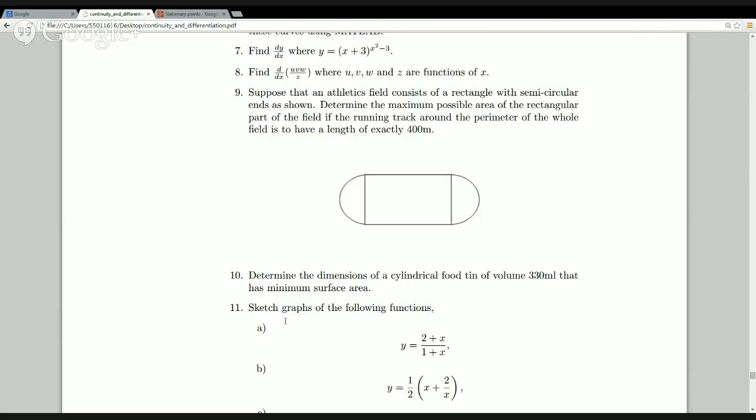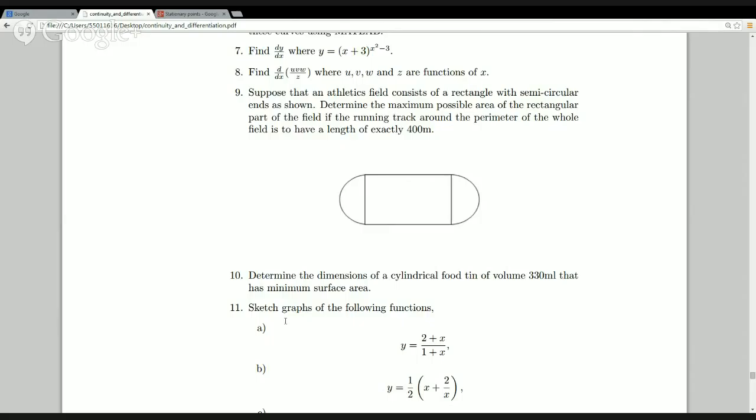So that confirms that this is indeed a local maximum. A maximum stationary point. Okay, so that answers the question.